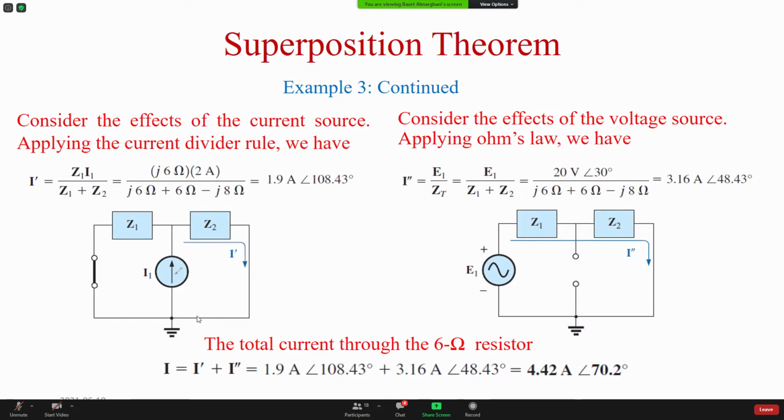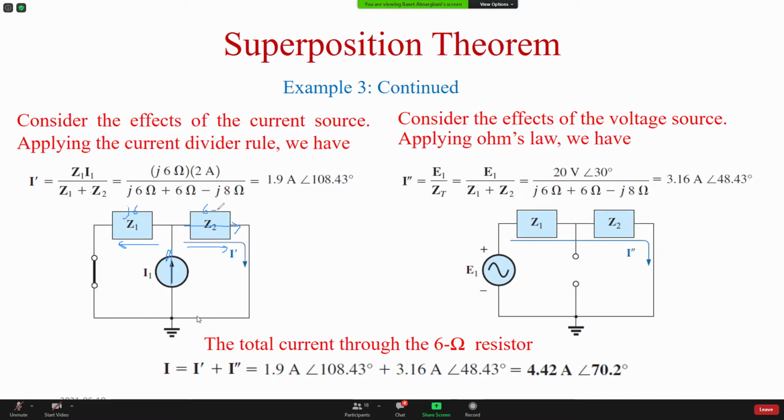Now this is the second using the current source. Voltage source is shorted, so there is current going this way and current going this way in the same direction as the current I want to find. So this current is going to be divided by here and here. Current divider says if you want the current in Z2, multiply by Z1 and divide by the sum. And this is what we did. This is J6.